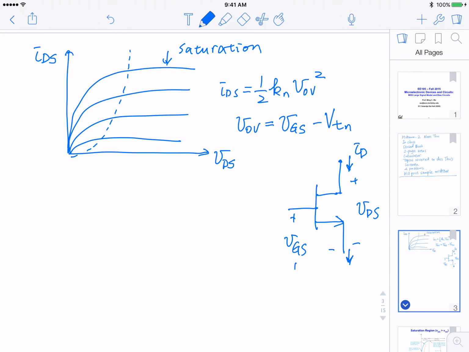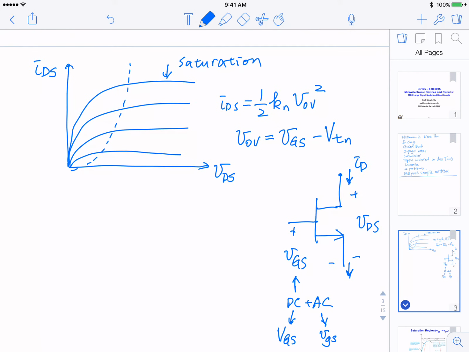So this really includes DC plus AC signal. For a pure DC signal, we will use VGS, okay. For a pure AC signal, we'll use small v, small g, small s. So cases matter here in the notation. This is followed by most textbooks and data sheets and papers and so on, so this is commonly accepted.